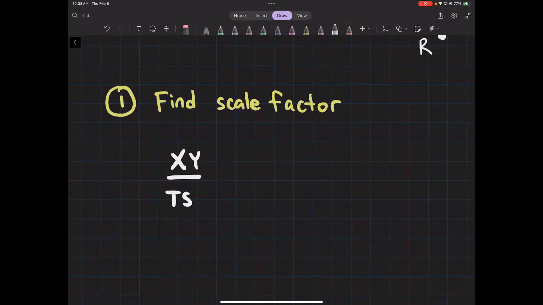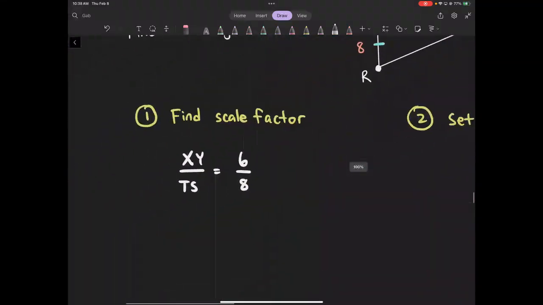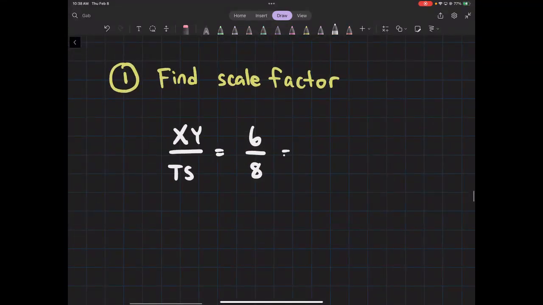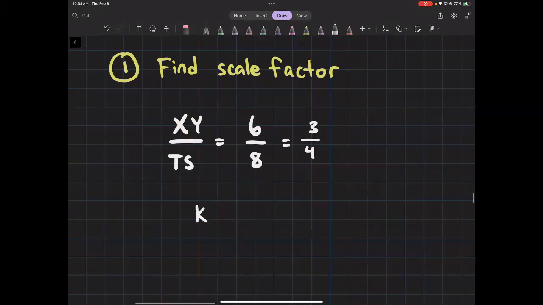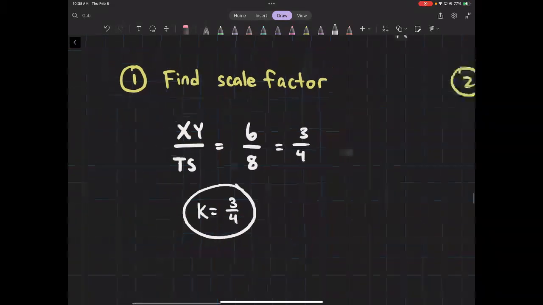If that's TS, I think you'll have 6 over 8, right? Then you simplify that, and what do you get? 3 over 4. Okay, so your scale factor is going to be 3 over 4.